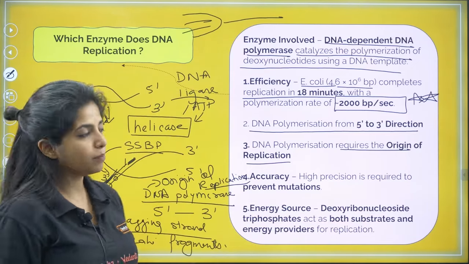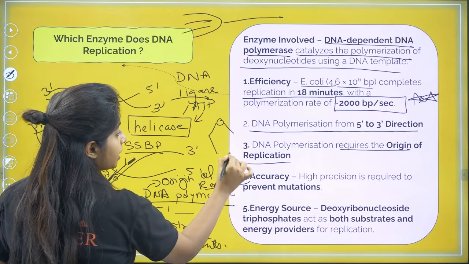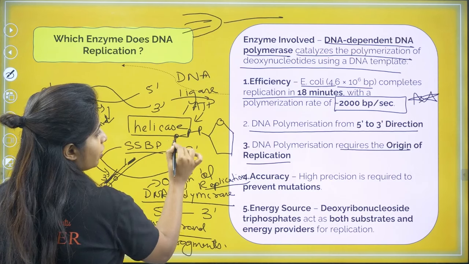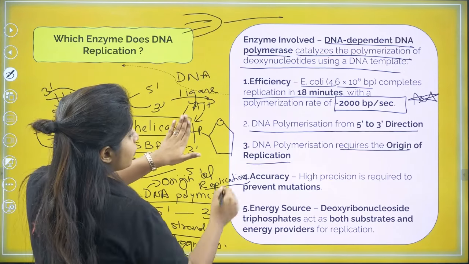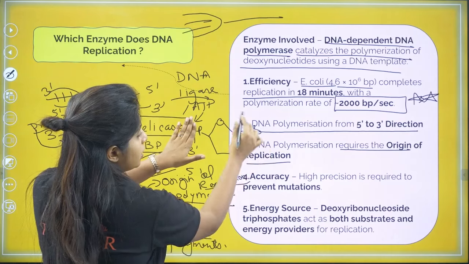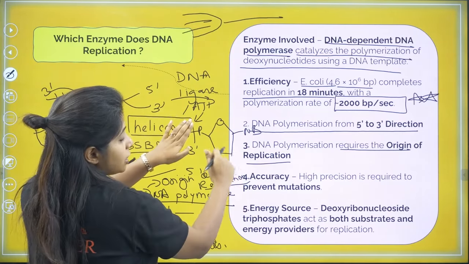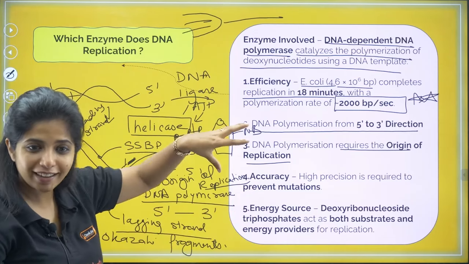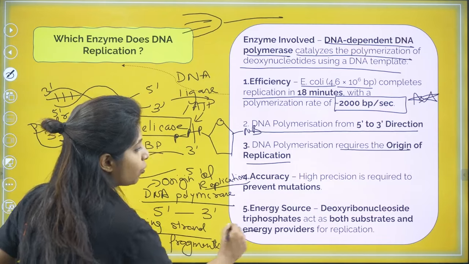When I break the bond of the triphosphate, I get energy, and the rest I can use for forming the nitrogenous base. Which is why they act as substrate and also energy providers.